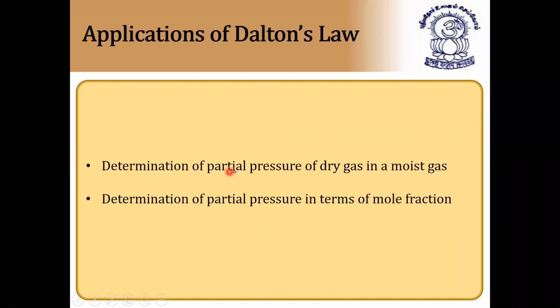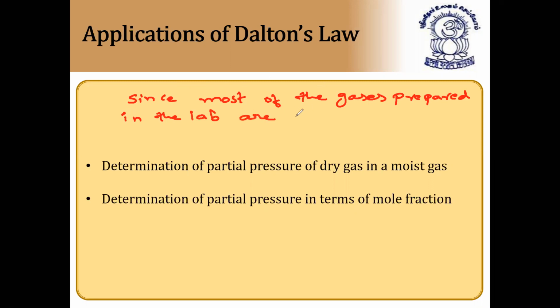So, determination of partial pressure of dry gas in a moist gas. Because what is this moist gas? Here I'll add the statement. Since most of the gases prepared in the lab, in the chemical lab, are obtained by downward displacement of water.